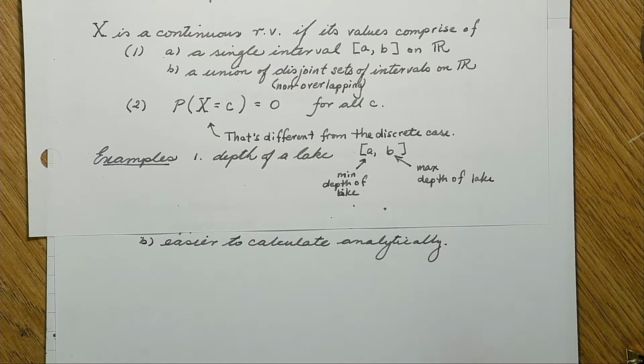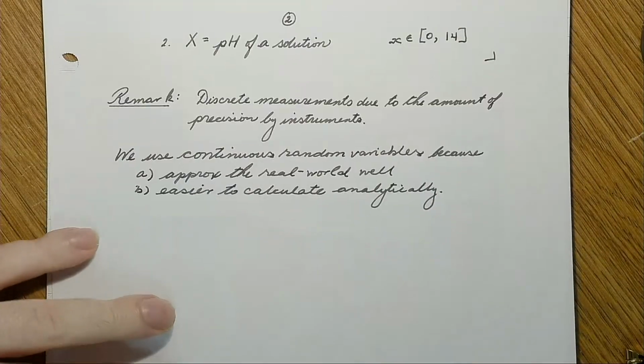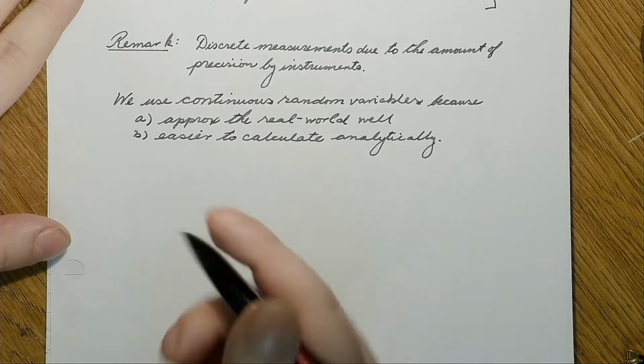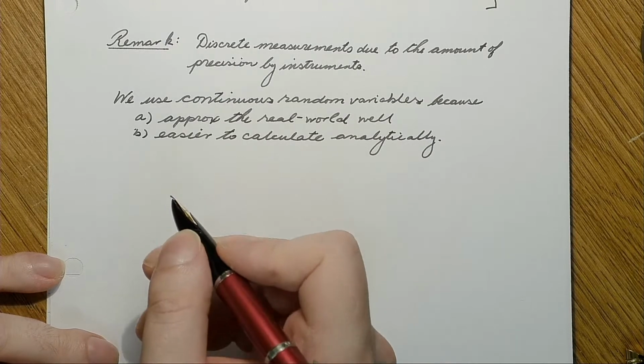We know what that probability is. That probability, assuming that it's a continuous random variable, will equal 0.